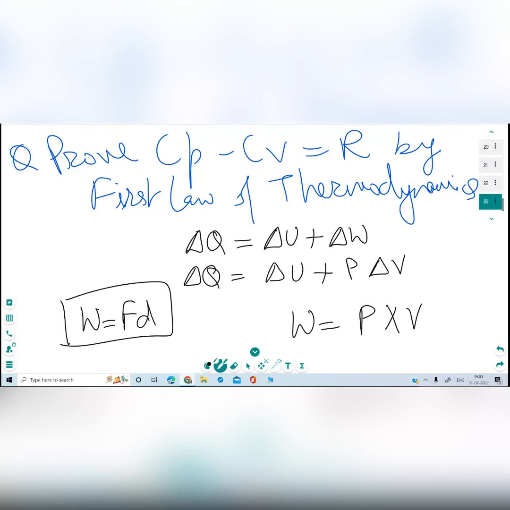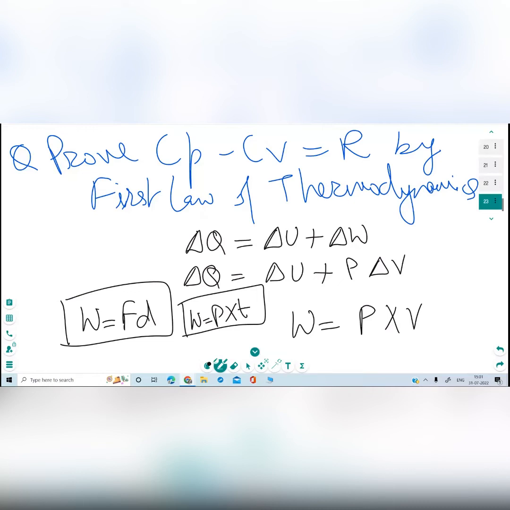In energy, we learnt that work done is equal to power into T, the second formula. What is power? Work done over T, where T is the time taken.